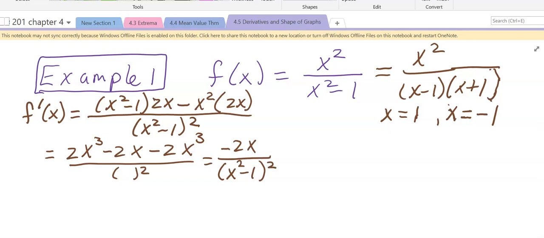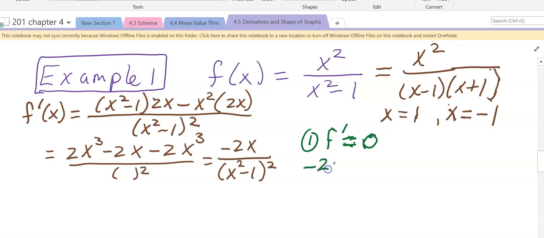Remember that critical points come from two locations. One, the first derivative is equal to 0. When does the first derivative equal 0? Okay, the first derivative equal to 0 when you have a fraction for the first derivative means that the numerator is 0.